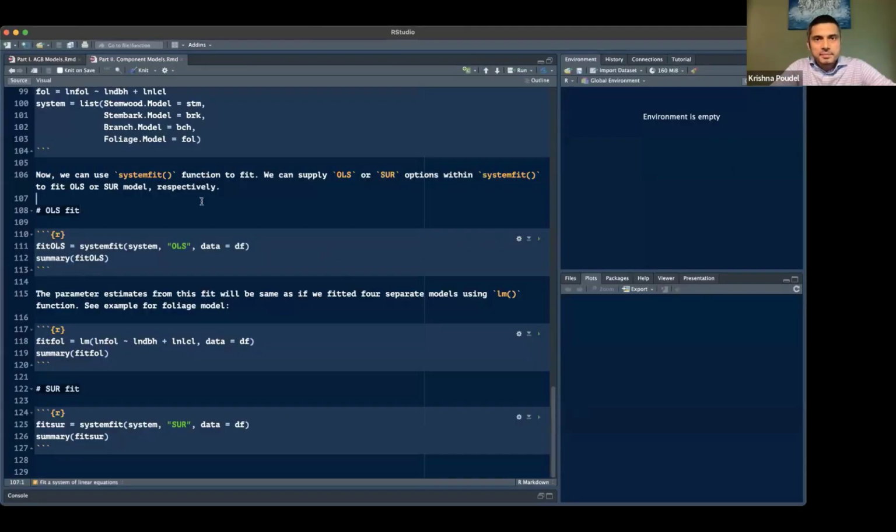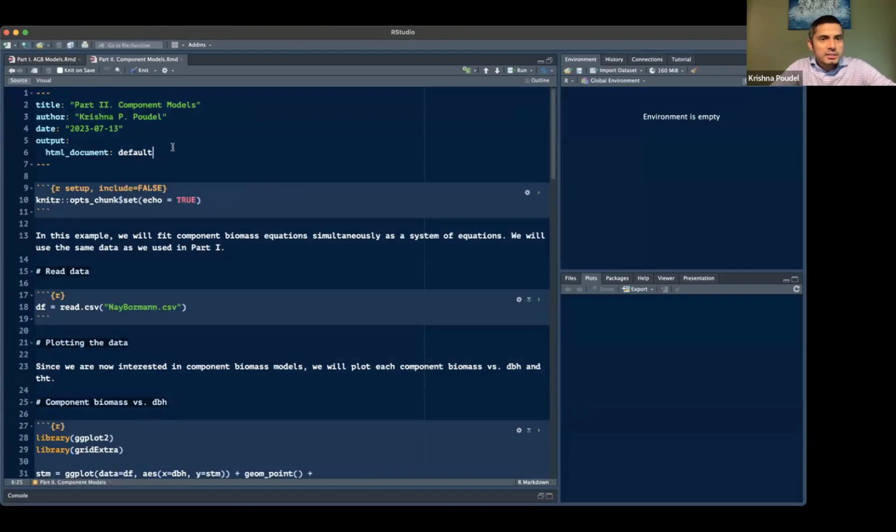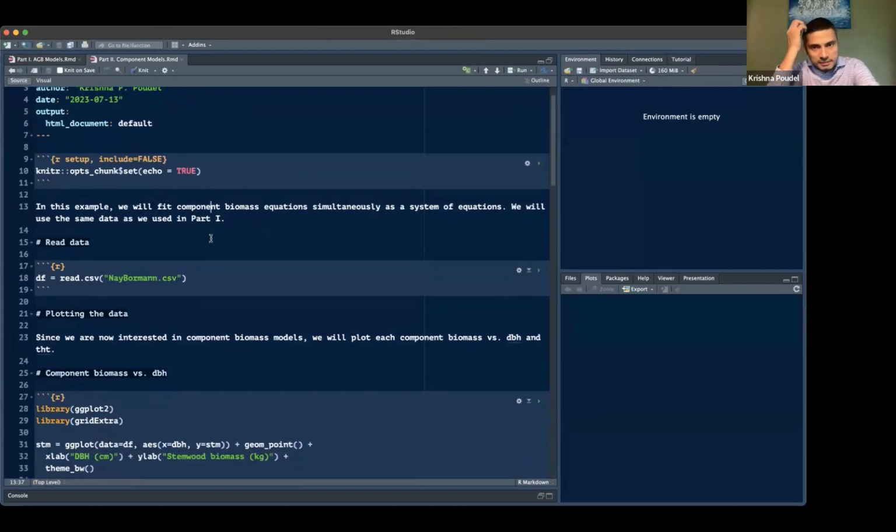Okay, second is component model. All right, so let me share this screen again. Okay. And then in this case, we'll do the same data set as in part 1.